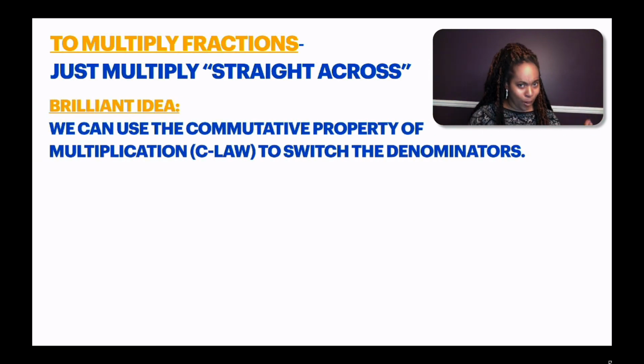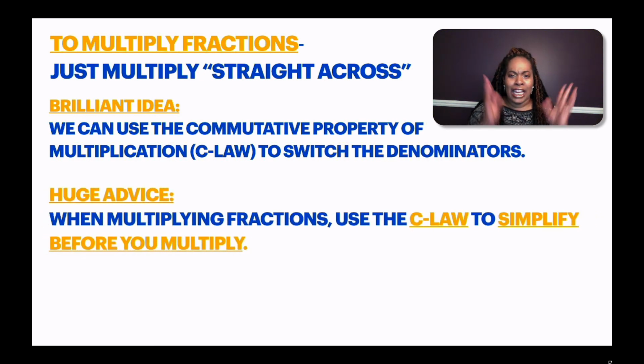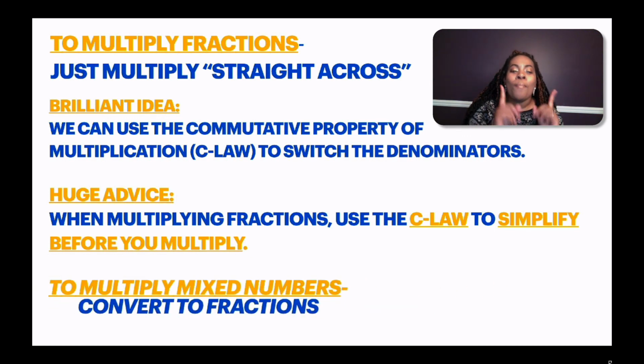Number 2, the brilliant idea that we can use the commutative property of multiplication, also known as the C law, to switch the denominators. Number 3, it was huge advice that when multiplying fractions, use the C law to simplify before you multiply. Because like I said, my dear friend Dr. Khan says, simplifying makes things simple. And lastly, to multiply mixed numbers, convert them to fractions. Why? Because we don't deal with mixed numbers, we get rid of them. Yes, convert them to fractions.